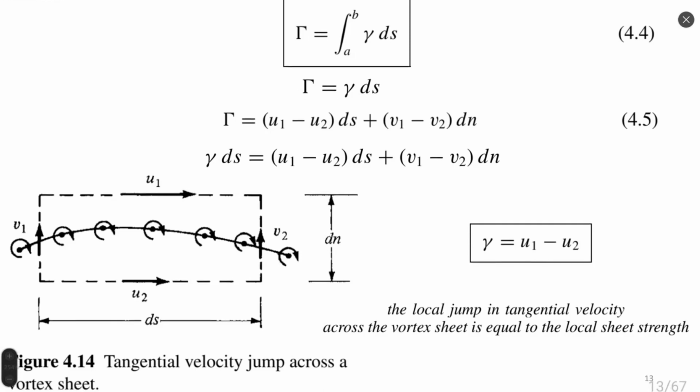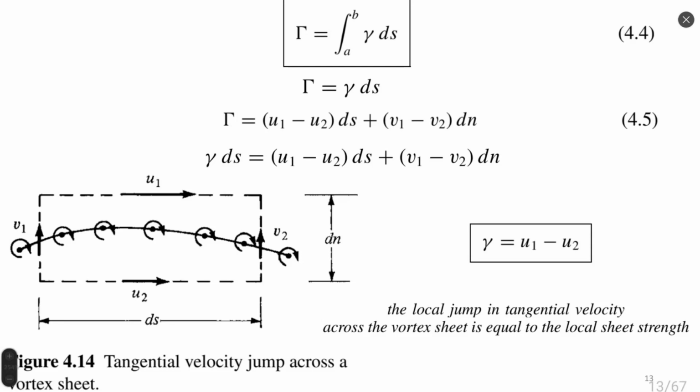It's presented here, figure 14, tangential velocity jump across a vortex sheet. We have a control volume, a rectangular one, and the vortex sheet in the middle. We have velocity changed due to the presence of this vortex.